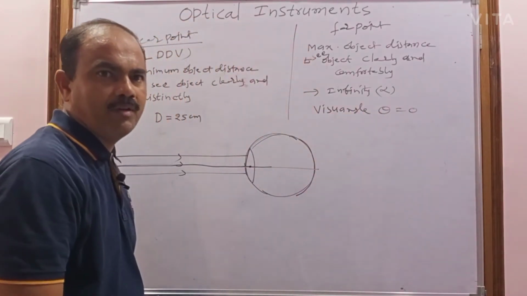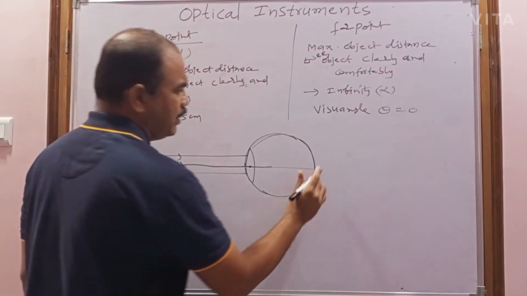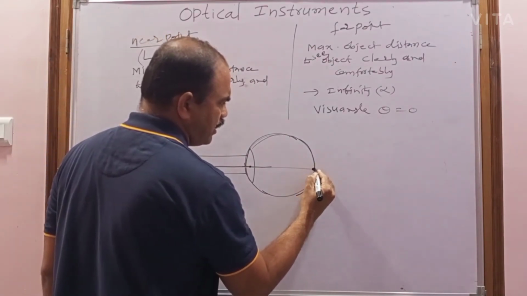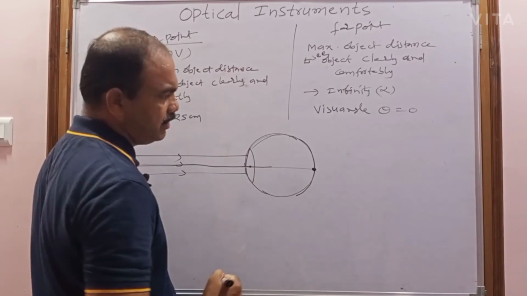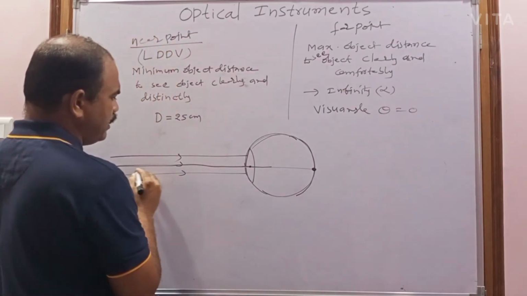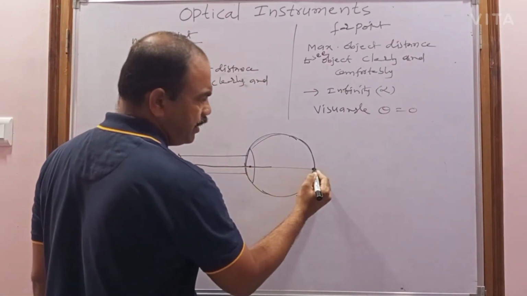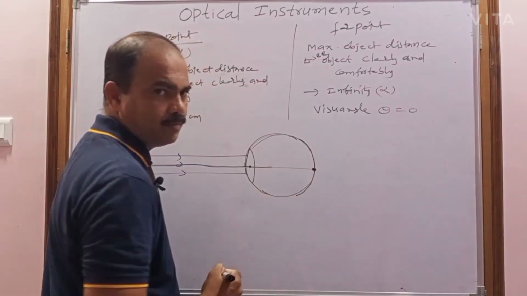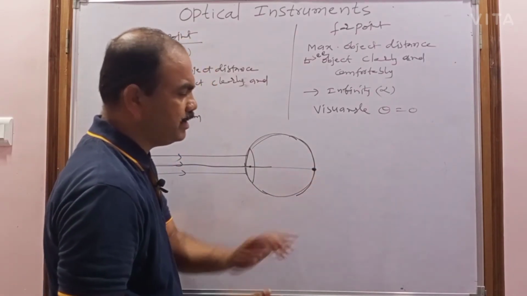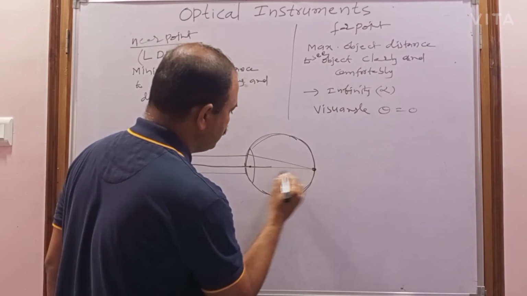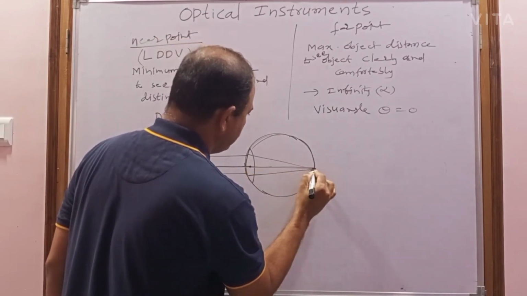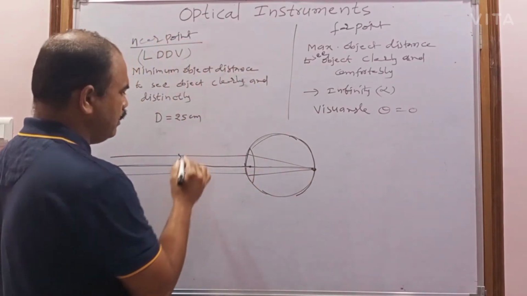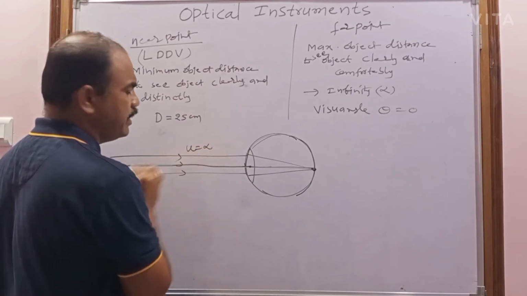So the image is formed exactly on the retina, at the point where the principal axis of the lens meets the retina. Here the image is formed, and the object distance is infinity.